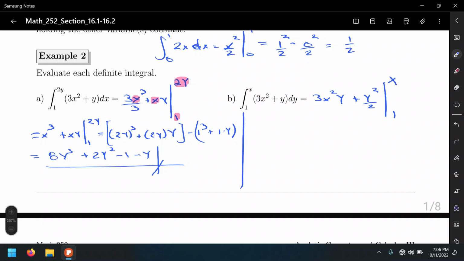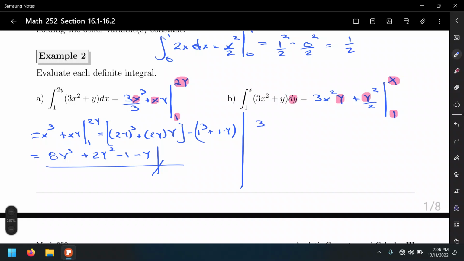So this will be, and careful again, because these limits of integration are not just going to go anywhere. Since we are integrating with respect to y, we will plug them in only where we see the letter y. So let's plug in upper minus lower limit.